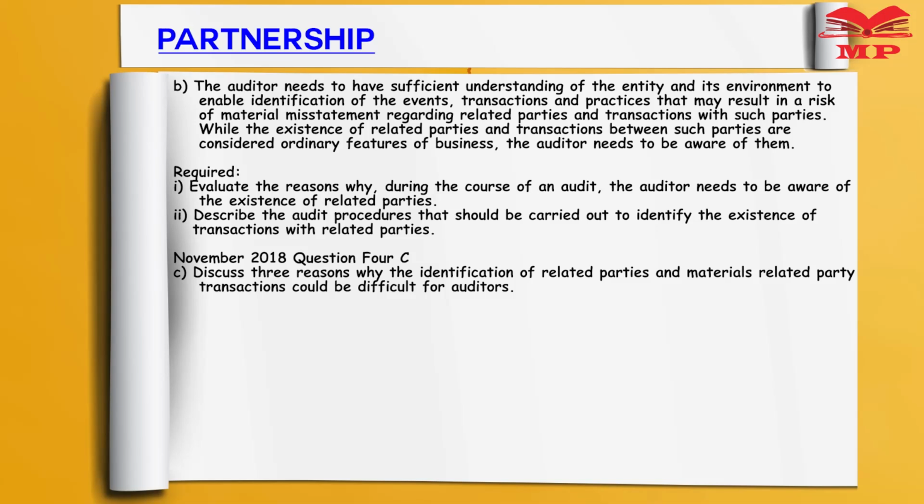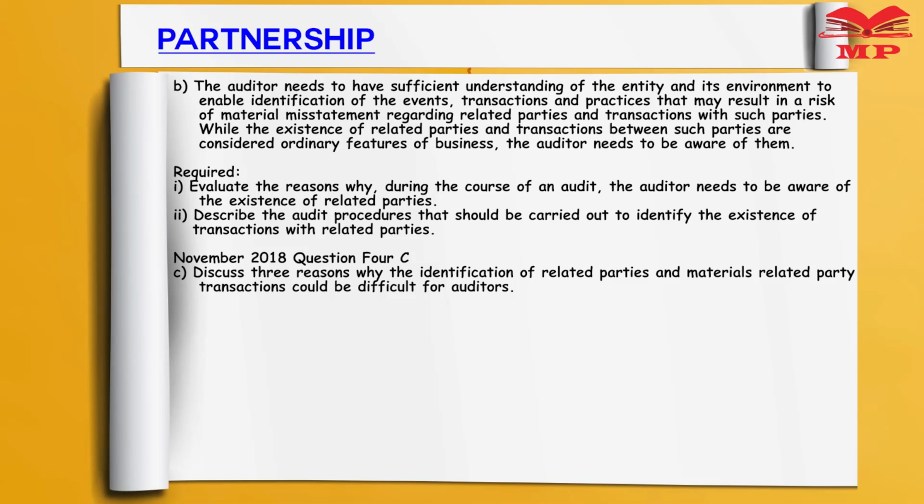While the existence of related parties and transactions between such parties are considered ordinary feature of business, the auditor needs to be aware of them. Required, Roman 1, evaluate the reasons why during the course of an audit, the auditor needs to be aware of the existence of related parties. Roman 2, describe the audit procedures that should be carried out to identify the existence of transactions with related parties.